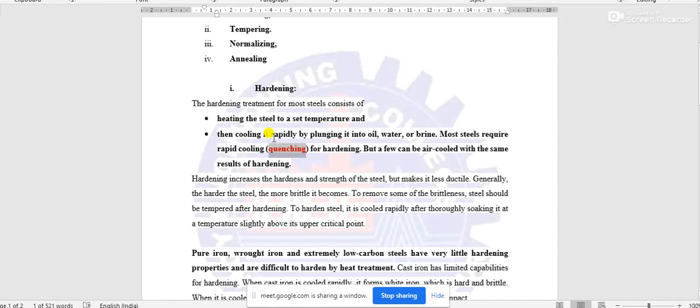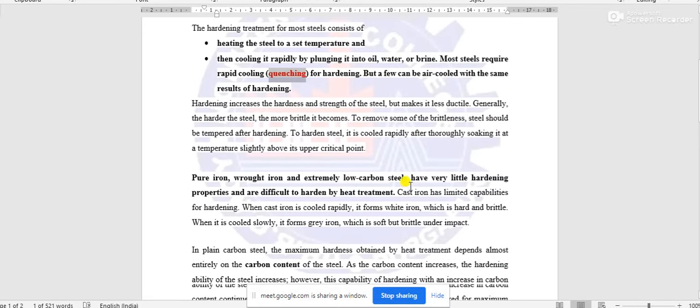But when cold air is used to cool the hot steel, that process is not called quenching. Now these are the two stages of hardening.